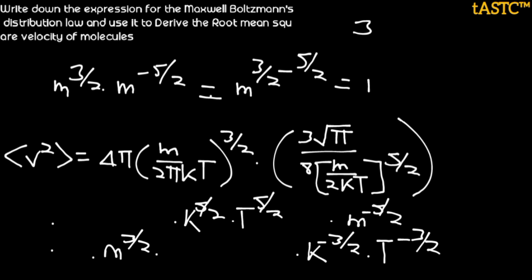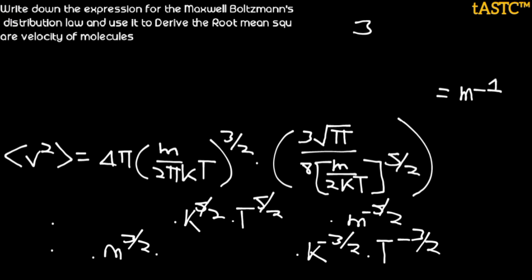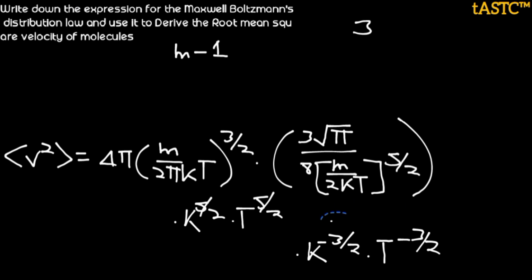This should give us m to the power of negative 2 over 2, which is m to the negative 1. So we're going to have that. I'm going to write it out somewhere. So this is the next value, m to the negative 1. So I'm going to take m out. So we've got this taken away.